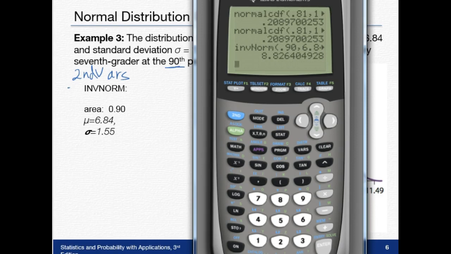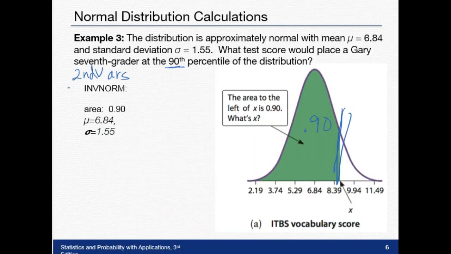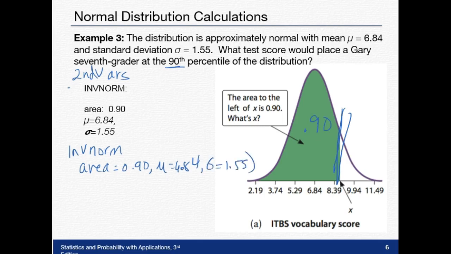Okay, so let's recap what we did here. In your calculator, you're going to do inverse norm, and the area you're looking for is 0.90. The mean is 6.84, and the standard deviation is 1.55. All right, and it gave us the value of 8.826.